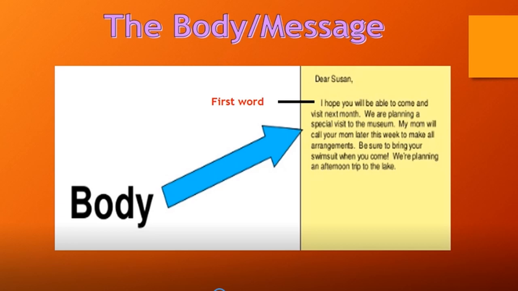Right? As I've told you, the body of an informal letter will consist of 3 parts. What will be these 3 parts? The opening paragraph, that is going to state the purpose, the body contents, the details, and the closing paragraph, right? So it will be in 3 paragraphs.